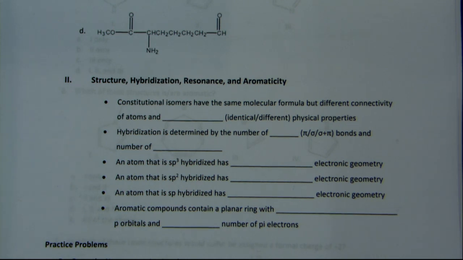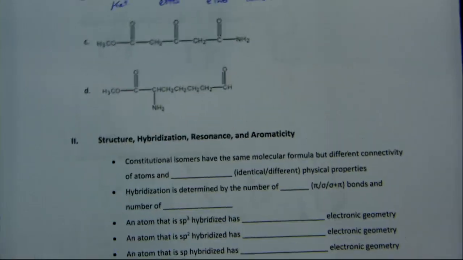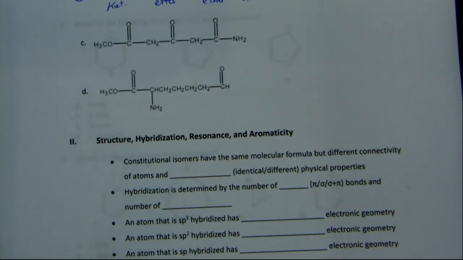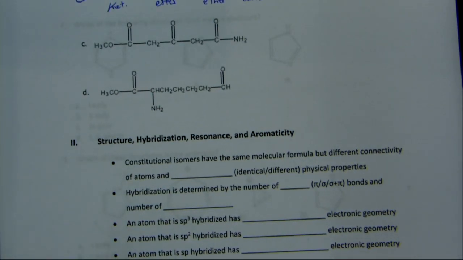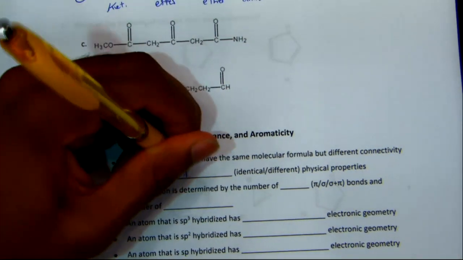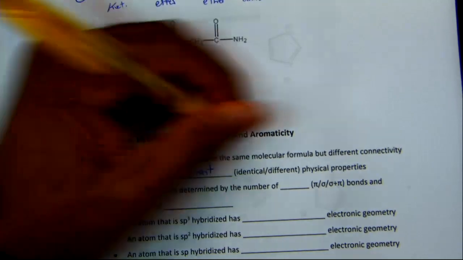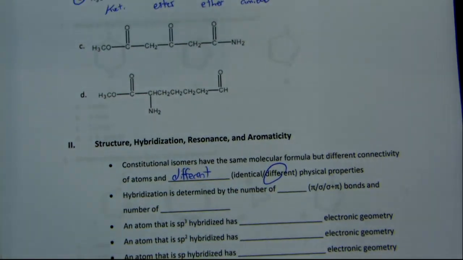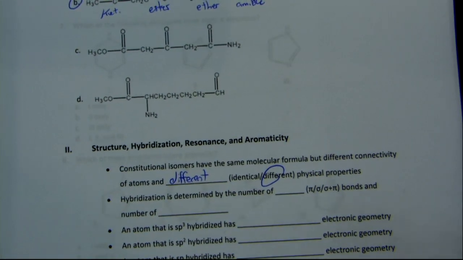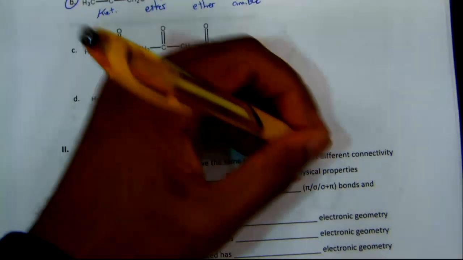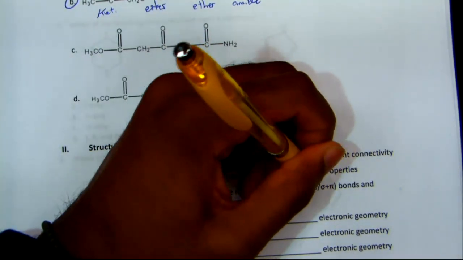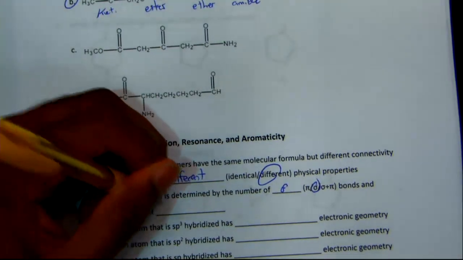Good, but in this case, it's actually different. So they should have different physical properties. I just think of it like they're called different things. So this one will be different. Hybridization is determined by the number of sigma bonds and the number of lone pairs.